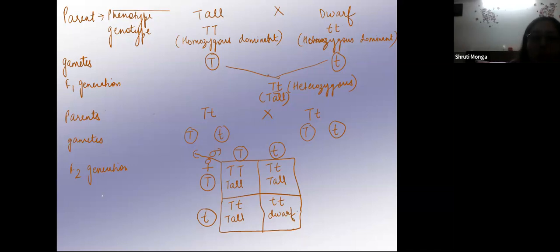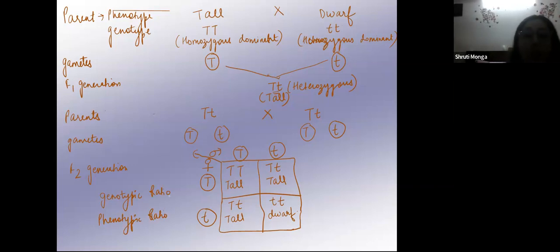One question which comes is, what is the genotypic ratio and phenotypic ratio? For monohybrid cross, I am telling you the genotypic. For dihybrid, you are going to tell me.